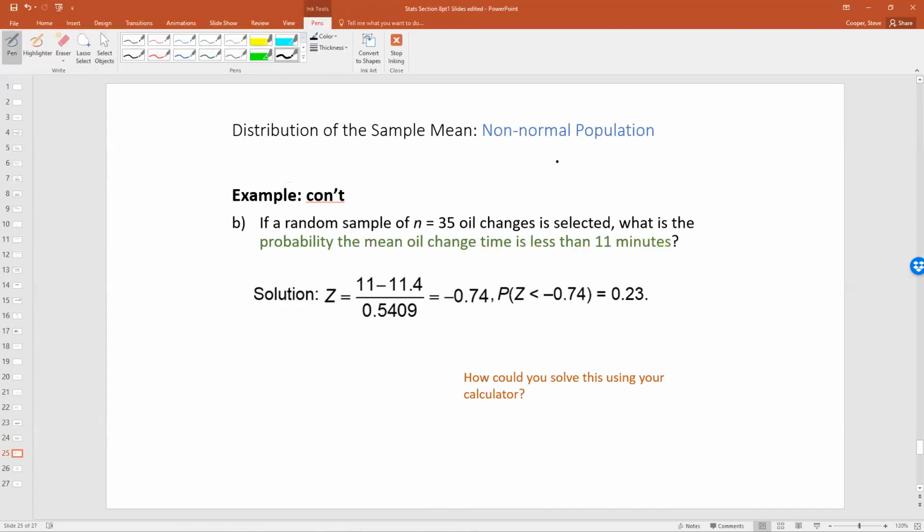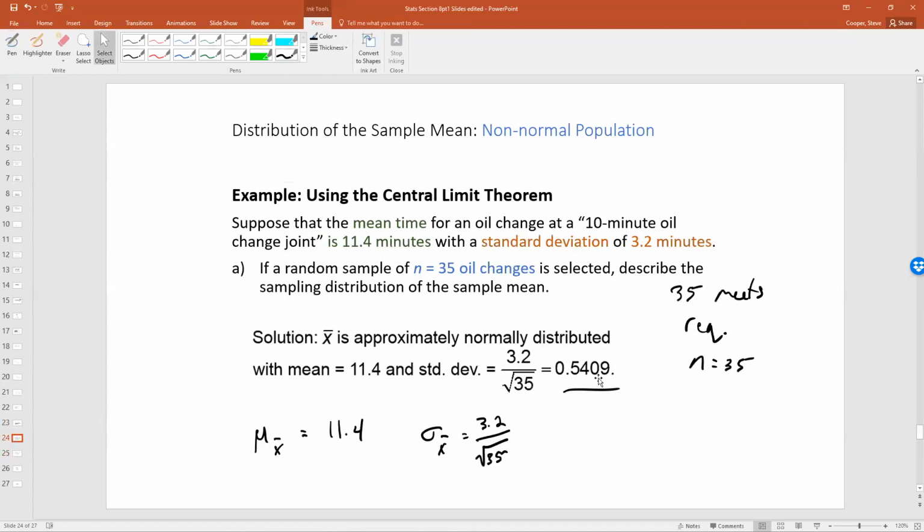Basically what they're saying is find the probability of x bar coming in at less than 11. And since n equals 35, we have to use the new standard deviation that we calculated before. So the new standard deviation is 0.5409.